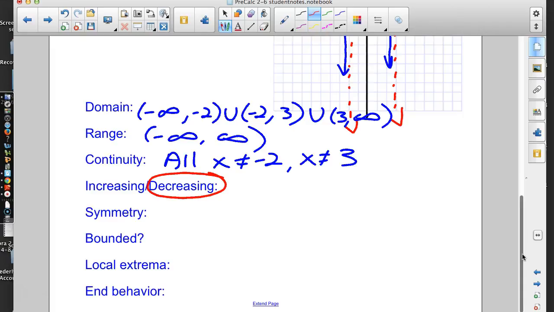Well, over the entire domain. So we go back to the domain and we just copy that. Read them left to right, and that's what they're asking for. Increasing, decreasing is what's happening from left to right.